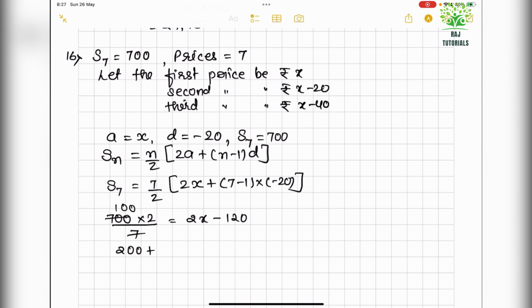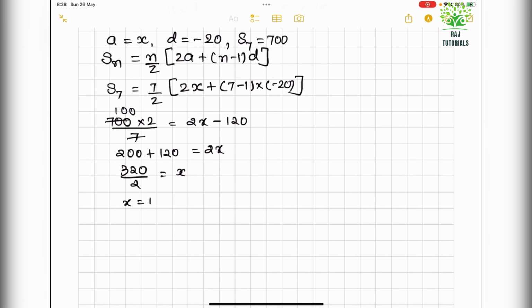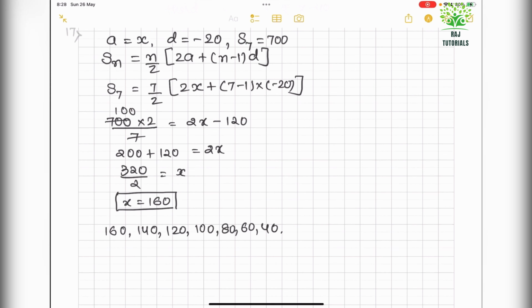So 200 plus 120 equal to 2x. So 320 by 2 equal to x. x equal to 160 rupees. So the first prize is 160. So I can say the AP will be 160, 140, 120, 100, 80, 60 and 40.